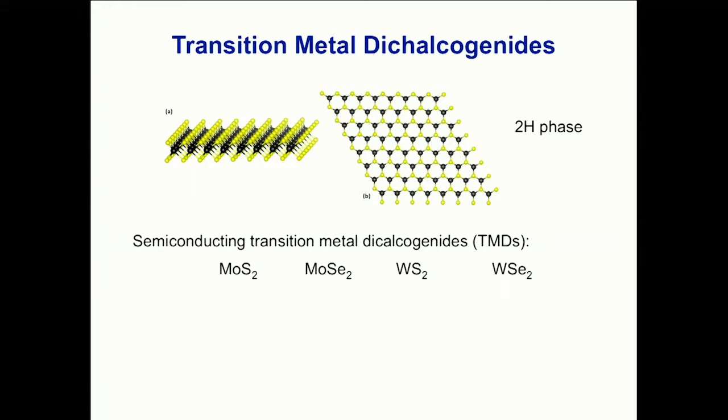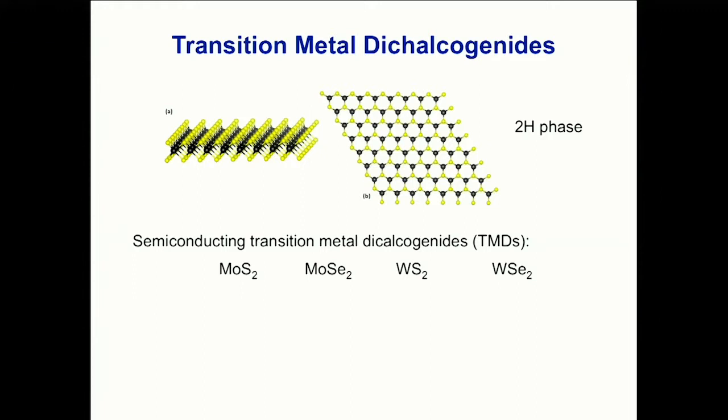I will give you a little bit more background about the general optical response of these two-dimensional semiconductors and what happens when you lay two different semiconductors together to form a heterostructure. So the 2H phase of transition metal dichalcogenide looks like this. If you look at the side view, you have the metal in the middle and the chalcogenide on the two sides.